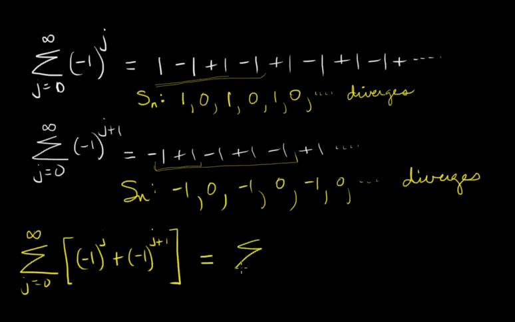Well, from j equals 0 to infinity, every single term is 0. If you add the first terms, the second terms, you just get 0. So this is the series 0 plus 0 plus 0 plus ... and it certainly converges. It is 0. So you cannot write this series as the sum of these two series because they don't converge.